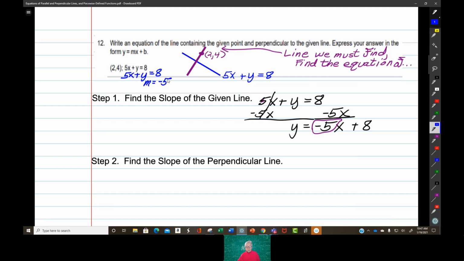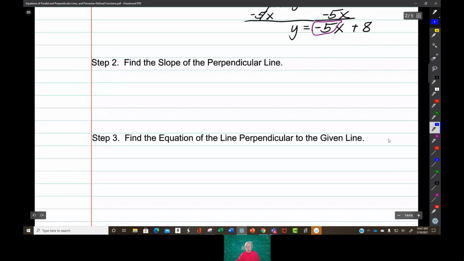All right, now we need to find the slope of the perpendicular line. There's an A and a B and a C, I think. We'll see. A is write the slope of the given line.